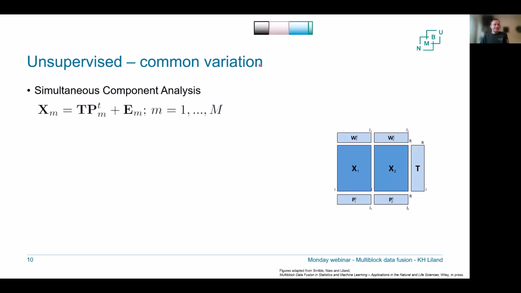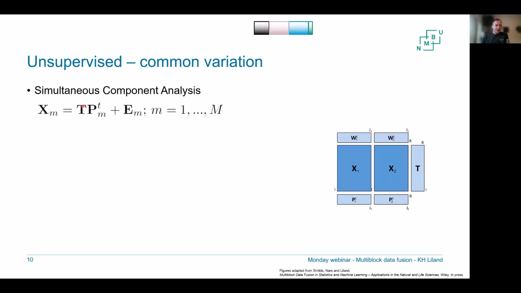And the first method is the simultaneous component analysis. So this one has proven its worth and has been expanded in a multitude of methods in the last years. And the basic model looks like this in the shared sample mode. So our blocks X_m, those would then be our typical NIR, FTIR, Raman data, or whatever we are analyzing.